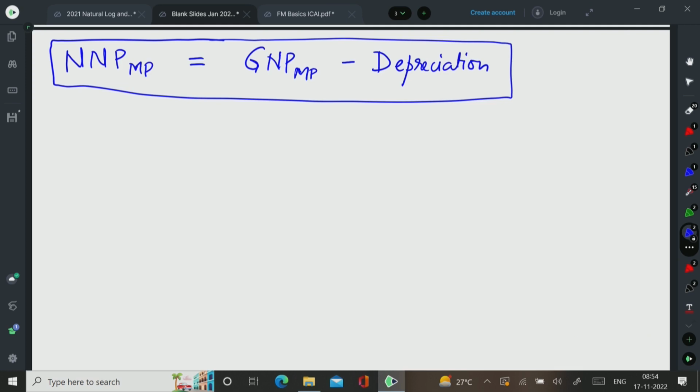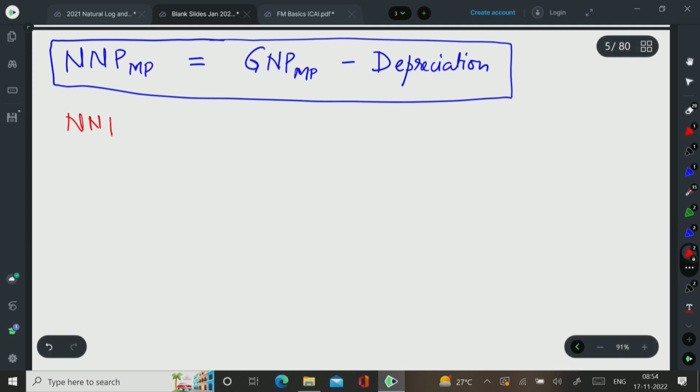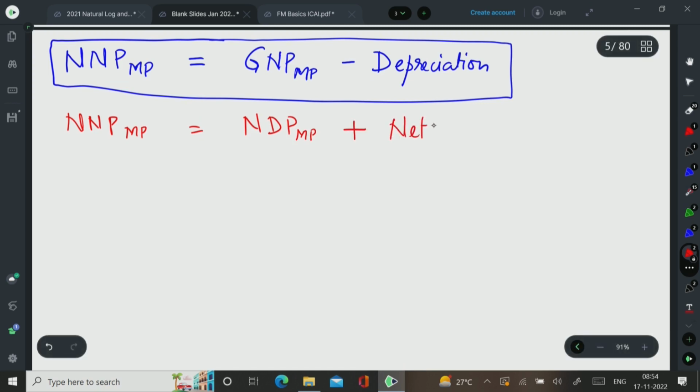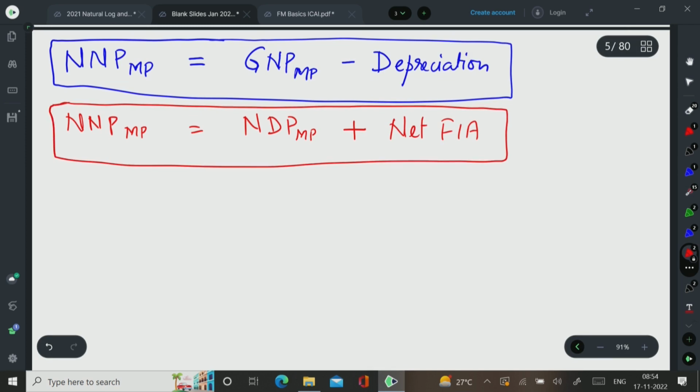Another way is, if I want to arrive at NNP at market price, I can take the starting point as NDP at market price, correct? I can start with NDP at market price, net domestic product at market price, plus net FIA. This will also give me net national product at market price.